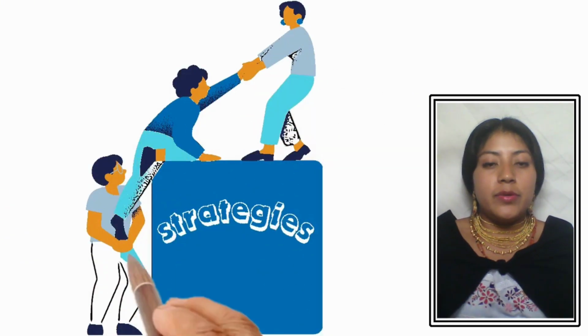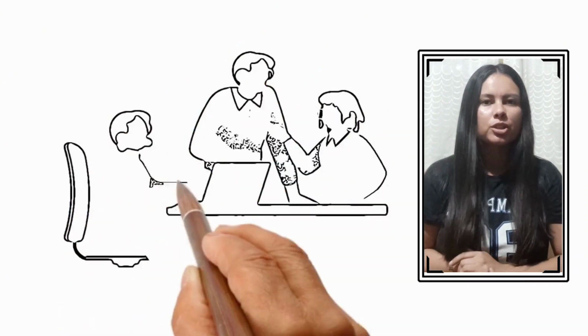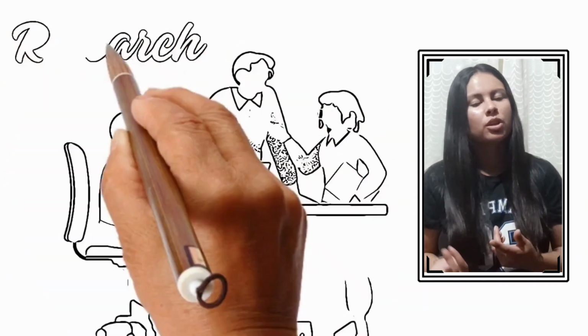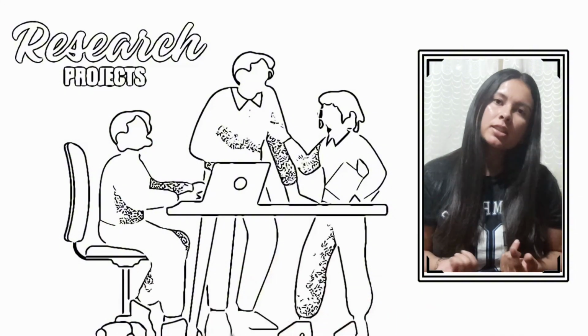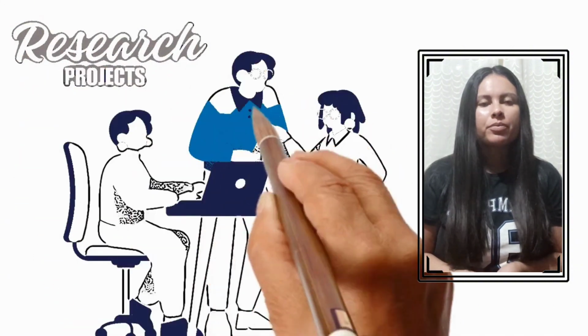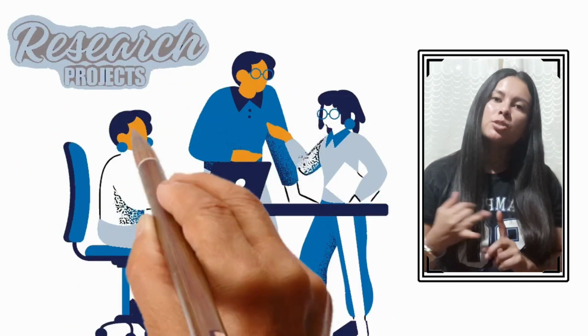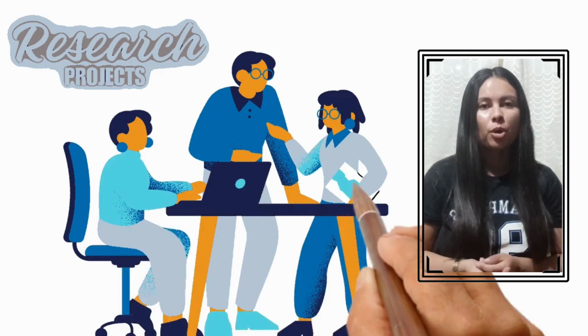Here are some inspirations. The first strategy is research project. It allows students to choose topics of interest and develop research projects too, where they must present findings and solutions for a specific problem.